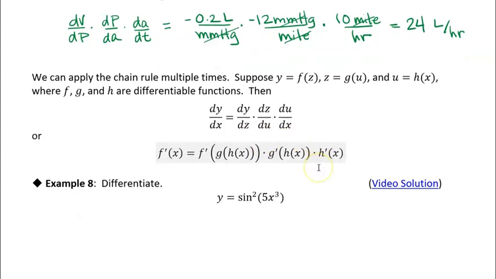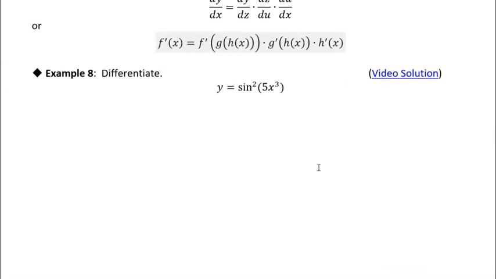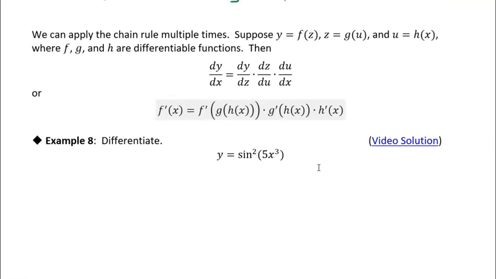Now, let's go ahead and do example 8 at the same time here, because it's good to see how this works in general. So in example 8, we have sine squared of 5x to the third. The first thing you want to do is decide what the outside function is.